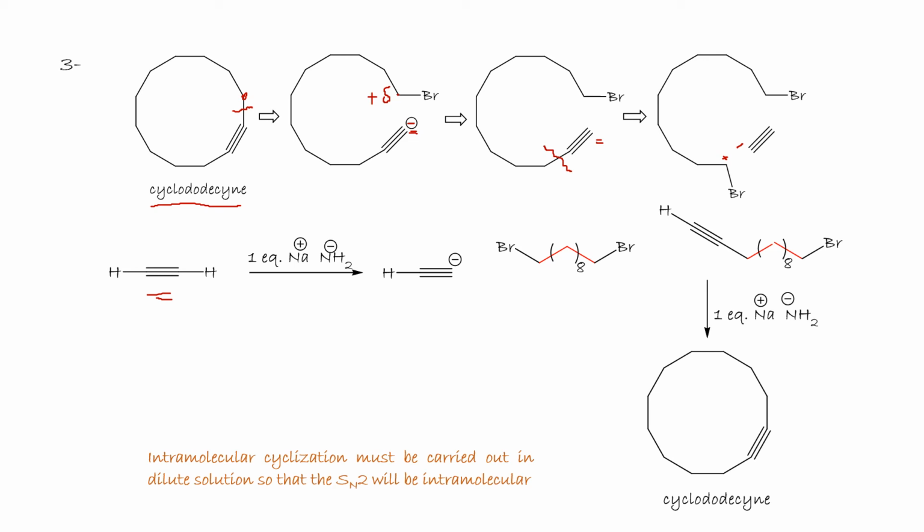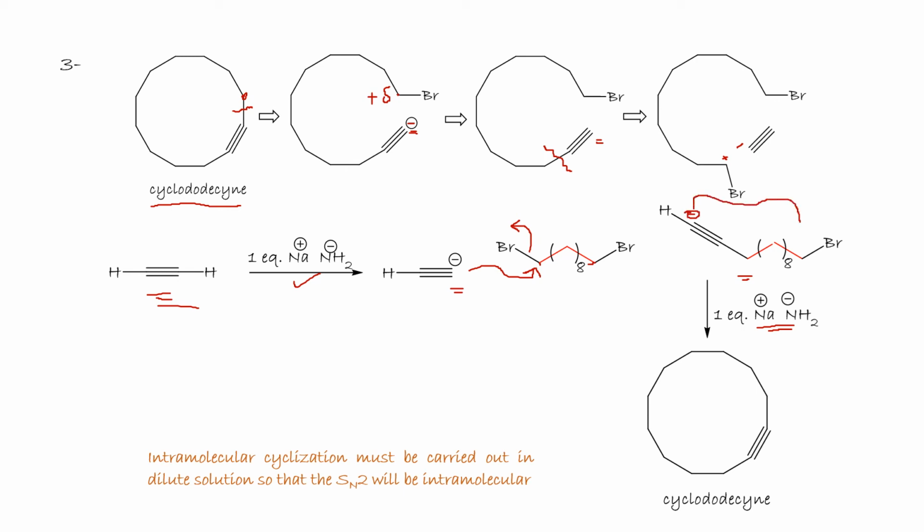Starting with acetylene, one equivalent of sodium amide to form the acetylide. React the acetylide with 1,8-dibromooctane, an SN2 reaction to form this species, which upon reaction with sodium amide again forms the acetylide in here.